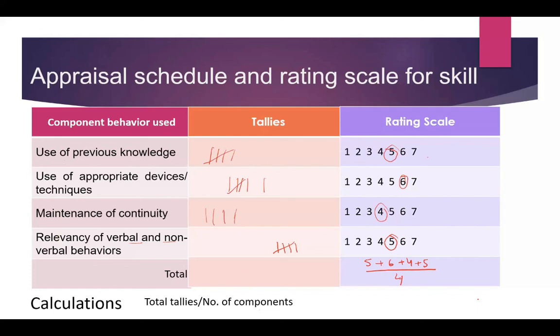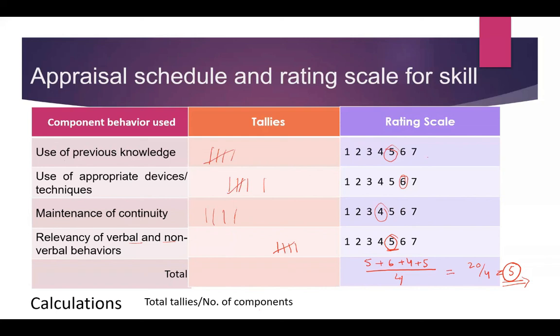So here the total rating of the skill becomes 20 divided by 4. So the total rating of the skill is 5. So we can say that it is somewhat good. The pupil teacher, we say, is good at the skill of set induction or introducing the lesson.